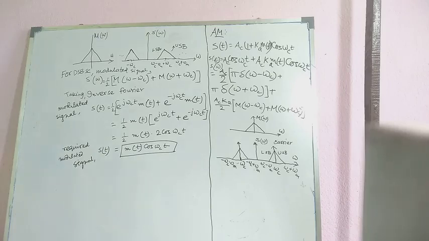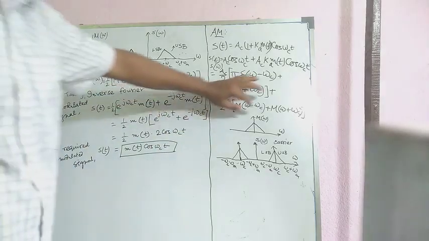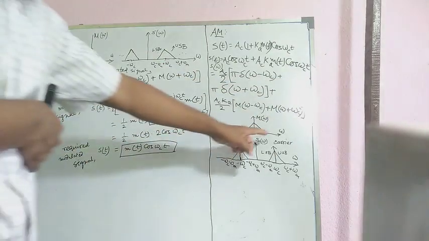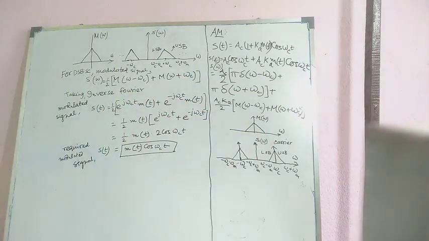Within the sidebands, the information of the message signal is there, and the carrier, which is a discrete or separate term, is not carrying any information regarding the message signal. However, it is taking a huge amount of power, that is A_c squared by 2, to be transmitted.